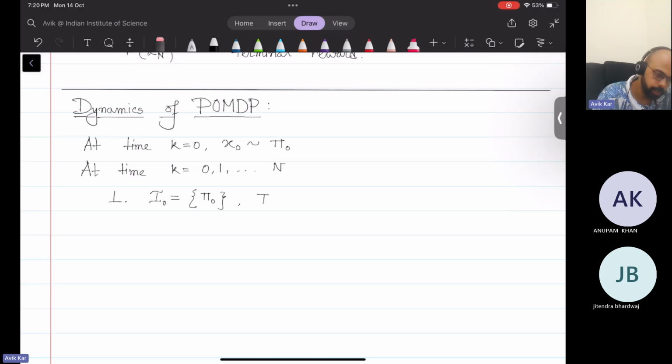And for Ik, we have the information pi naught, a naught, the first observation y1, then a1, up to a(k-1), yk. I think I should not have written pi here. It should be y.